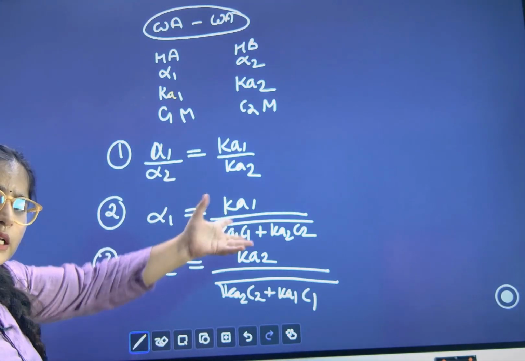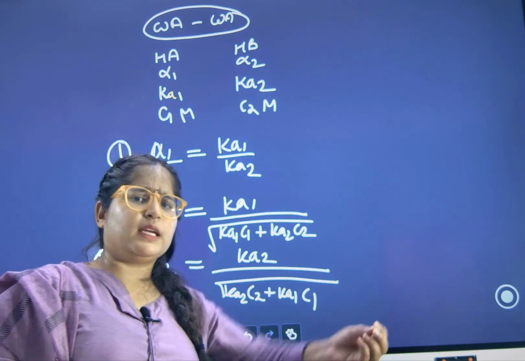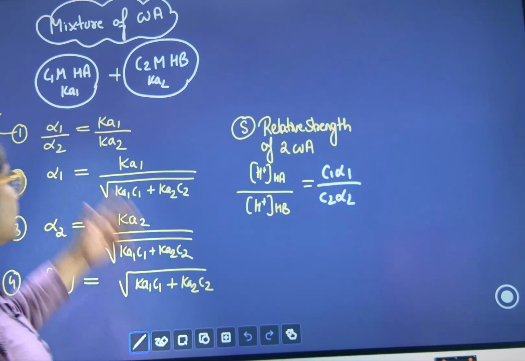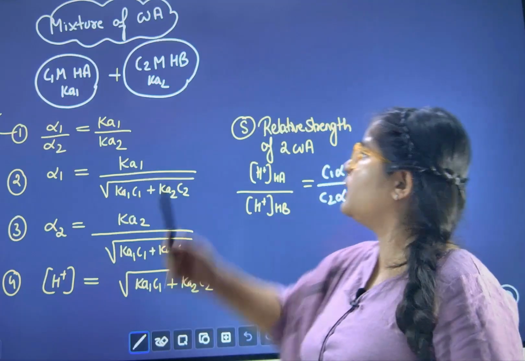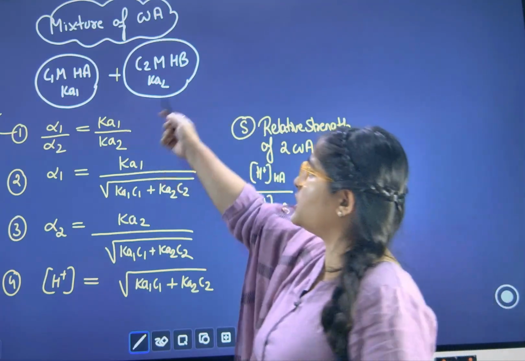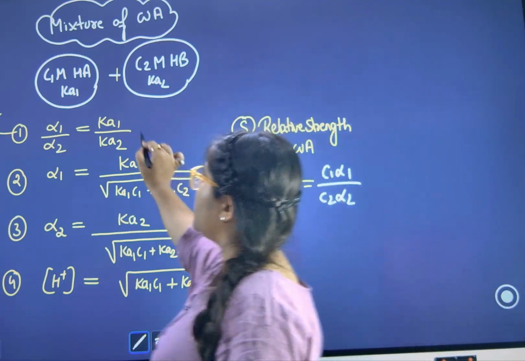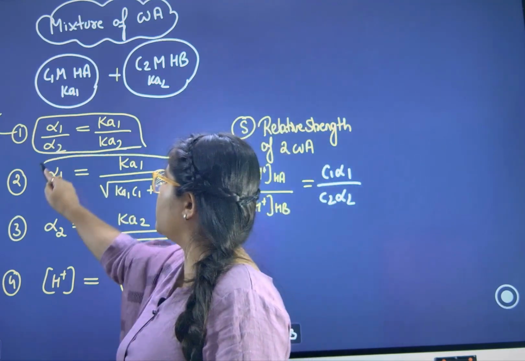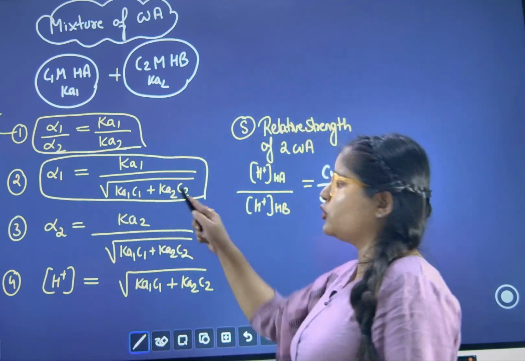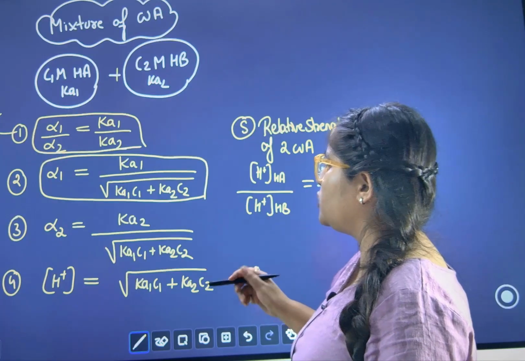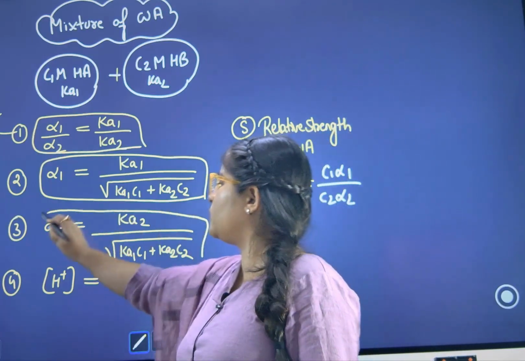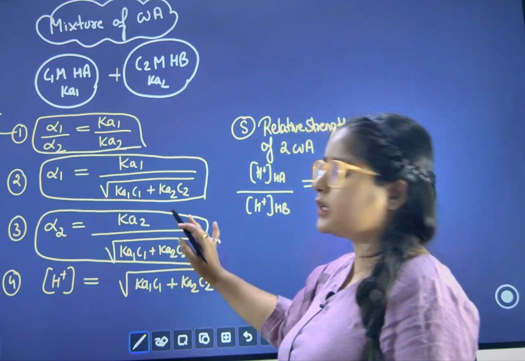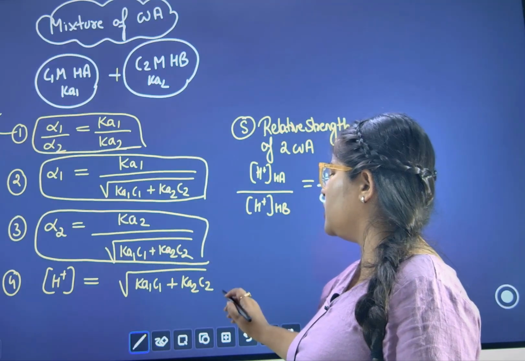Okay, so I will give you the summary of the entire formulas for weak acid and weak bases. Let us see here. So here we have our mixture of weak acid. This is the concentration. So alpha 1 by alpha 2 is equal to Ka1 by Ka2. Alpha 1, just now I have told you, will be equal to Ka1 by under root Ka1 C1 plus Ka2 C2. Alpha 2 will be equal to Ka2 by under root Ka1 C1 plus Ka2 C2, note down.